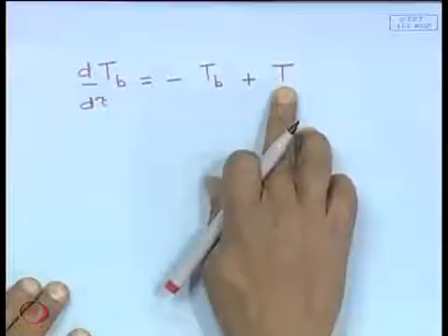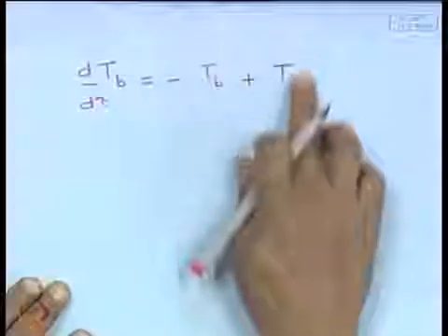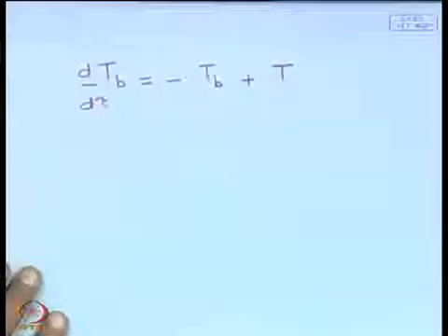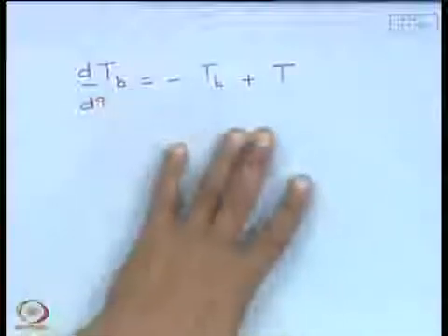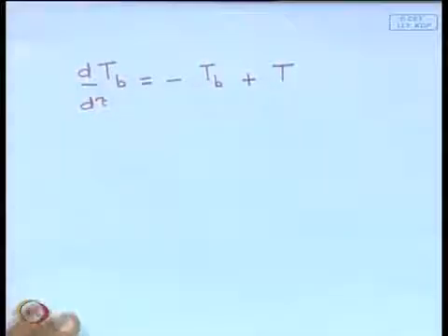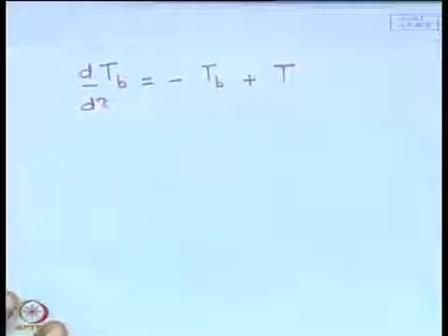The source function gets just replaced by the temperature of the material through which the radiation is passing. Okay. So, the radiative transfer equation itself becomes much simpler if you use the brightness temperature in the Rayleigh-Jeans limit.